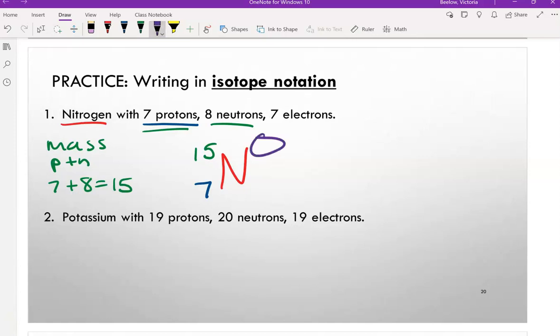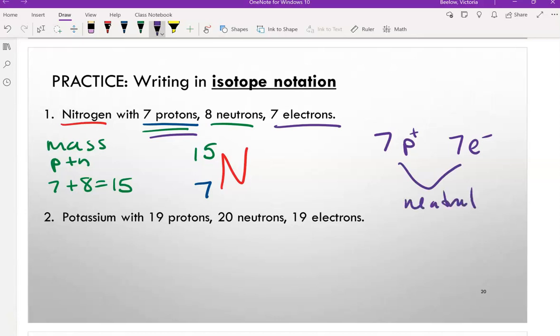Last, we have the charge, which in this case is neutral. I know that because protons have a positive charge and electrons have a negative charge. Since these are equal, this atom would be neutral.